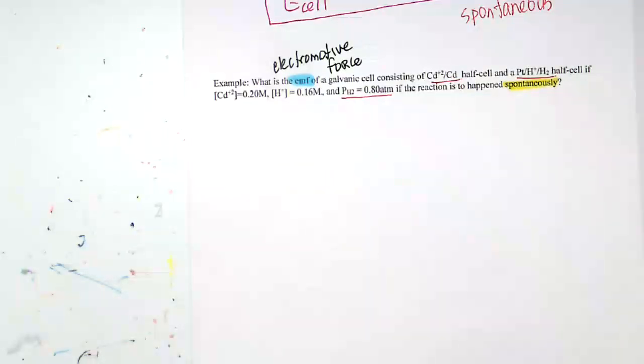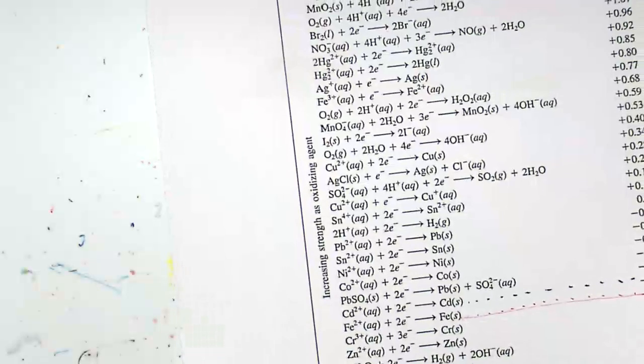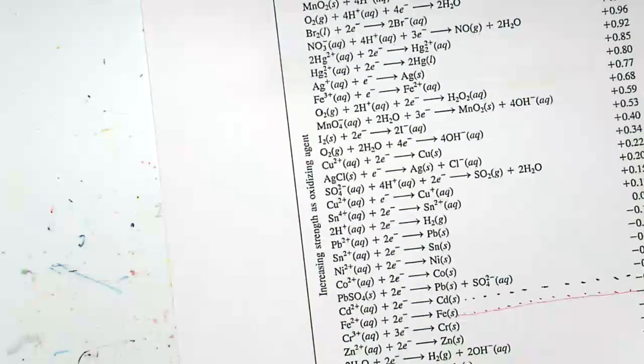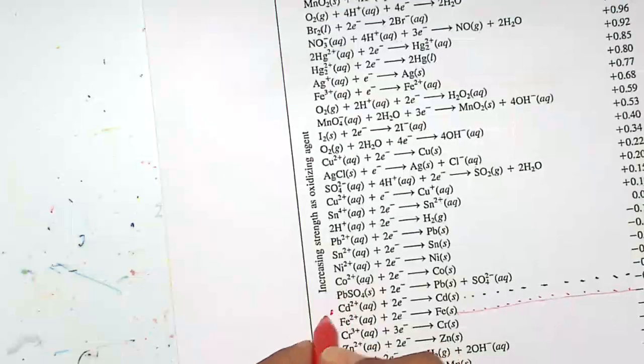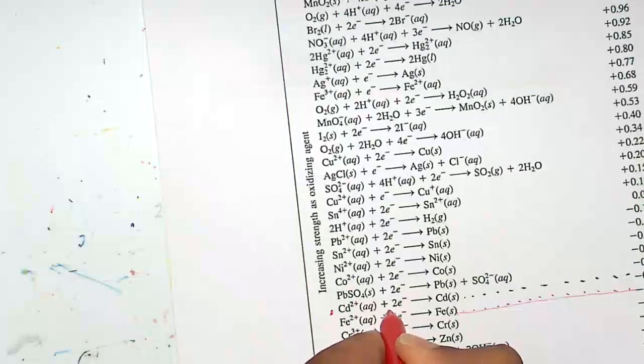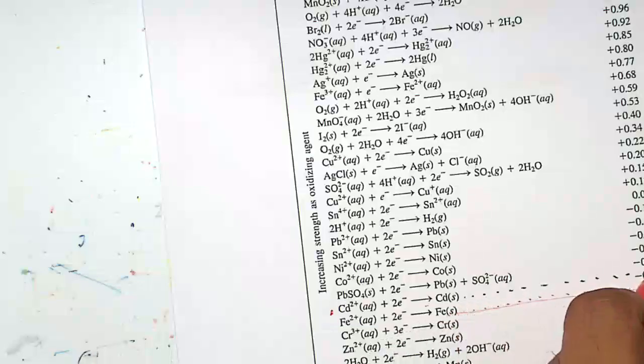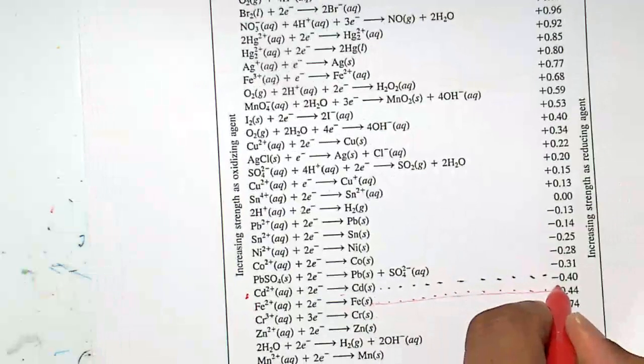So let's first write down the cadmium one. I'm going to write it as is. Cadmium 2+ plus 2e minus goes to cadmium, minus 0.40 volts.